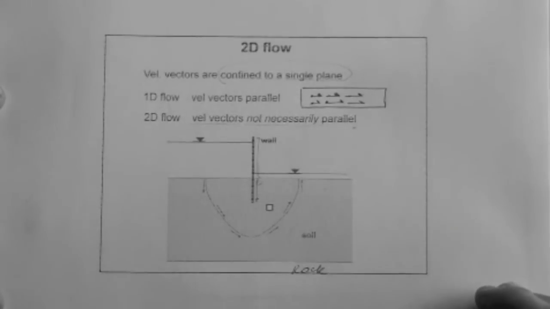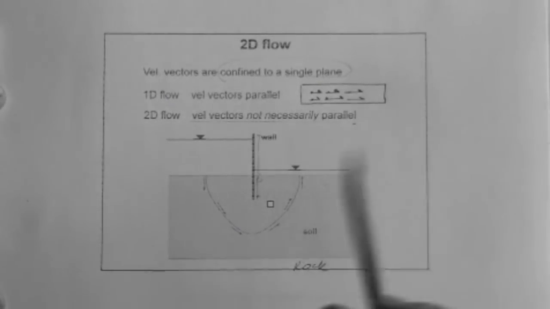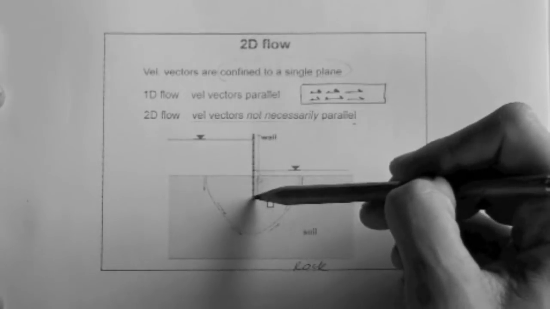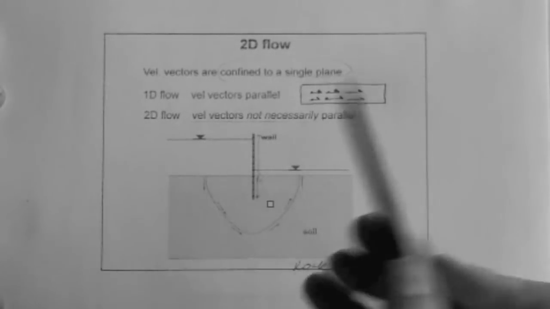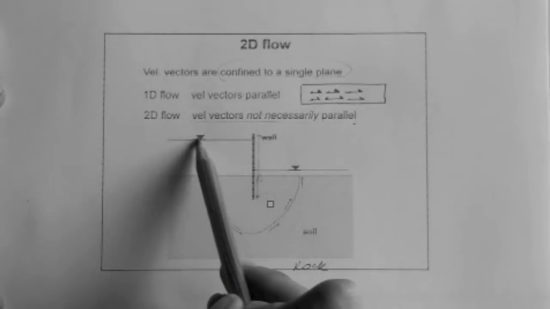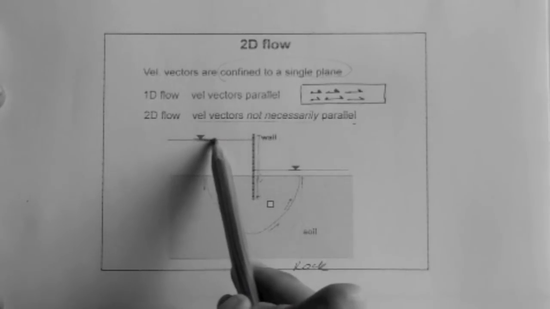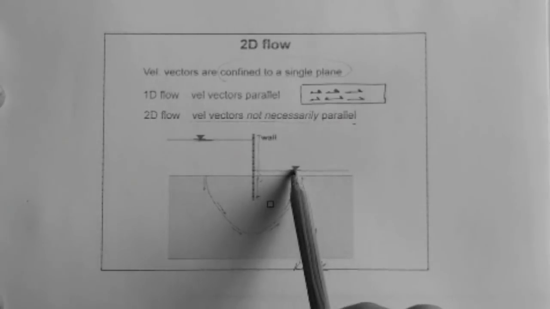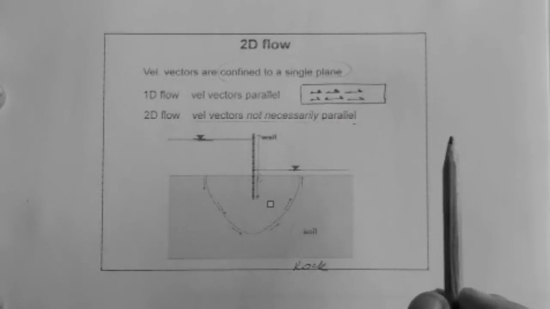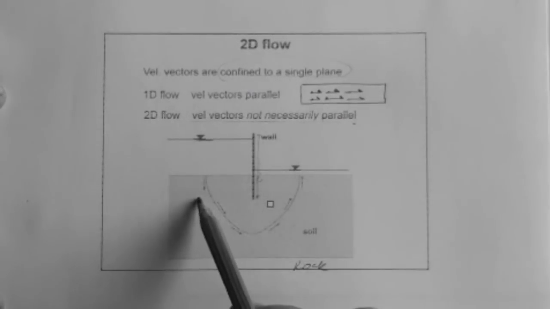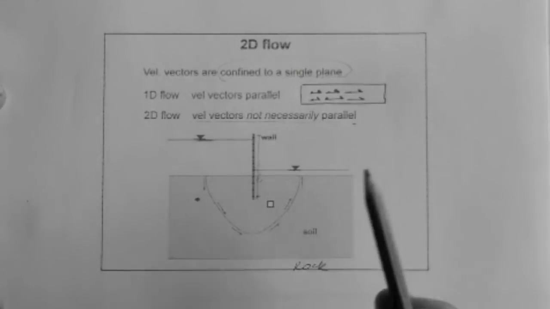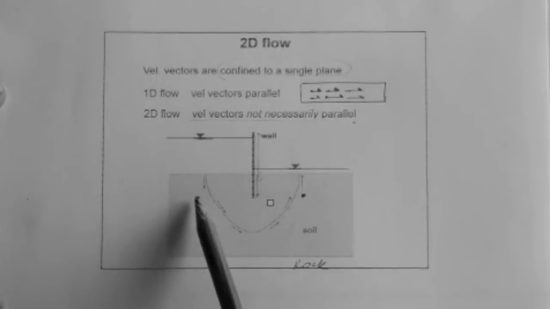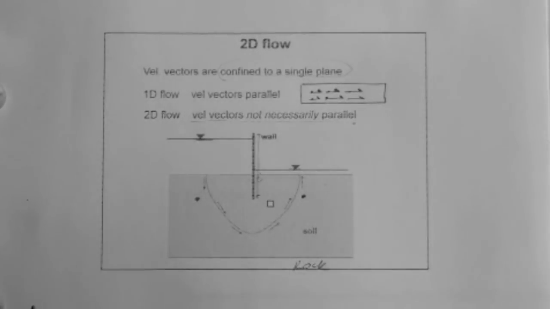Now, in this case, the wall is actually separating two reservoirs, as we said. This reservoir is at an elevation, the surface of it is at an elevation that is higher than the elevation of this reservoir. So you can imagine that a point here versus a point here, these two points have different head.